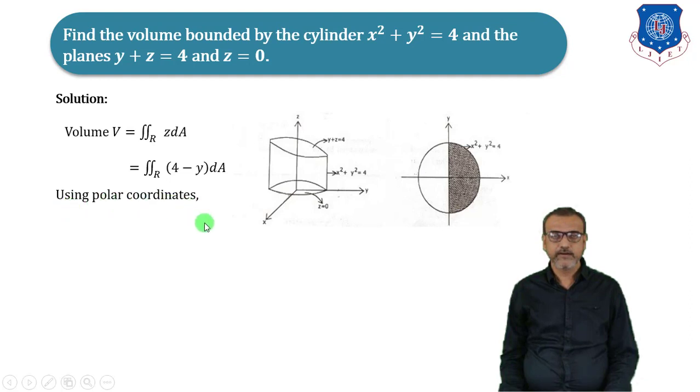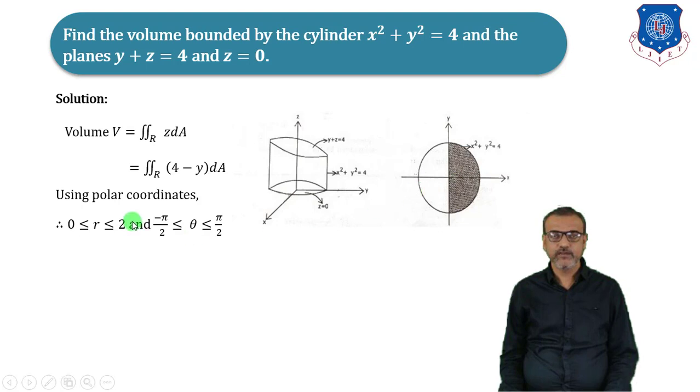Using polar coordinates, find the projection of this solid in the xy plane. You will find the equation will be x square plus y square equals 4, and this is the equation of a circle having center (0,0) and radius equal to 2.